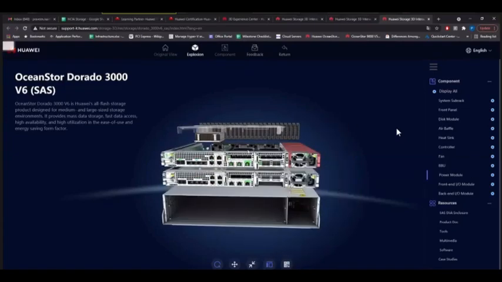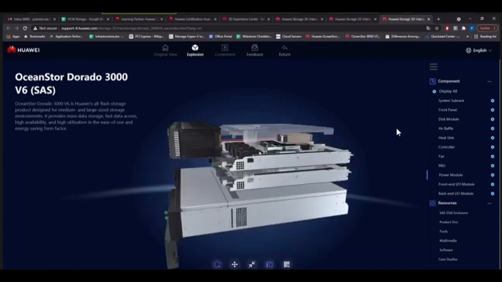So basically you're buying one controller enclosure with two separate controllers, so they can run HA by themselves. This is why storage controllers are very expensive in some sense, because you have twice the power.